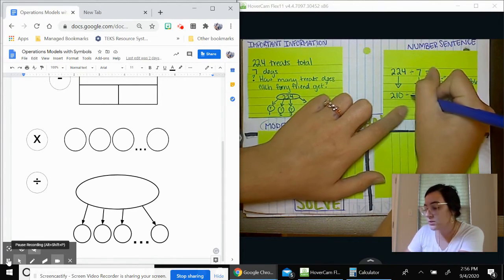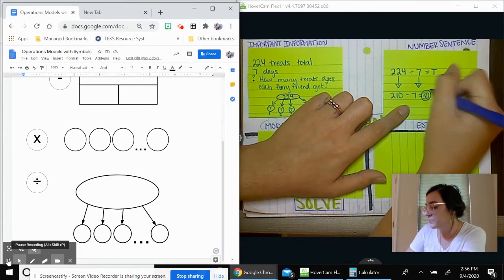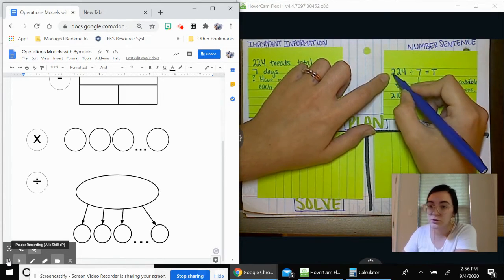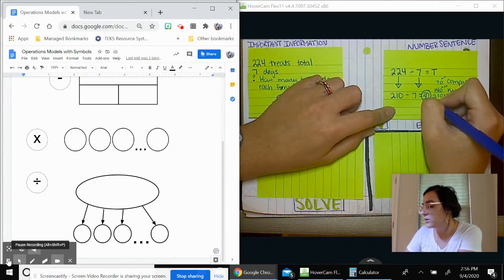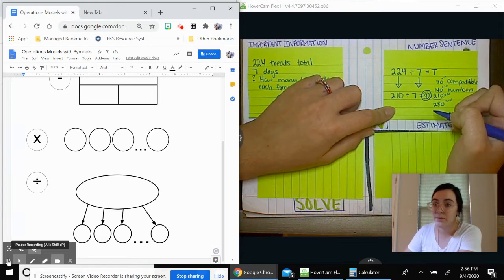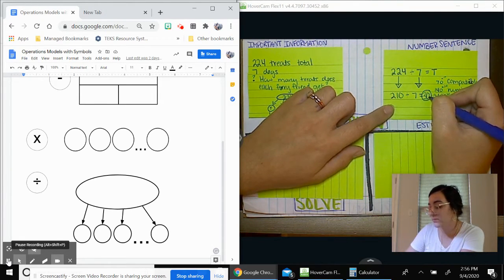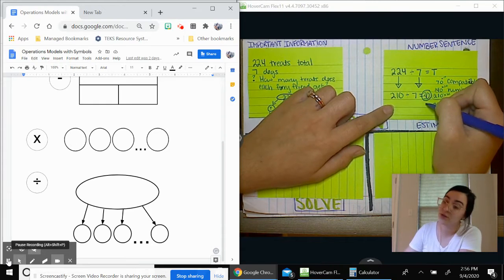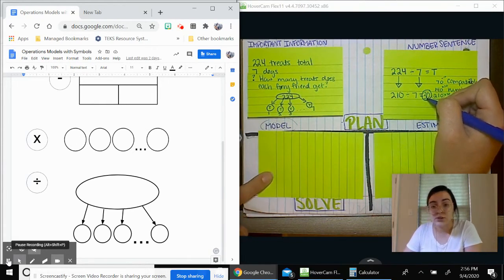So 210 divided by 7 tells me my answer for 224 divided by 7 should be somewhere close to 30. So now I know a goal to shoot for whenever I am dividing. I know it's not going to be 300 or 3, it is going to be somewhere close to 30. I can start to solve my problem.